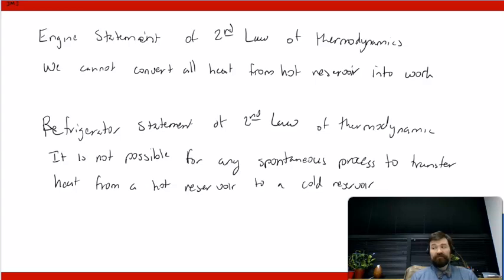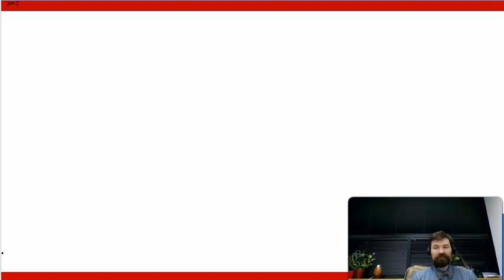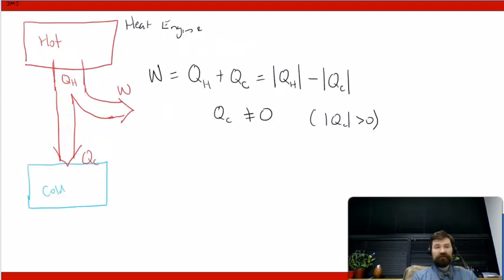There is a third statement of the second law of thermodynamics, and it has to do with the orderliness or disorderliness of the system and all systems which interact with it. Before we go to that third statement, though, why would these be impossible?